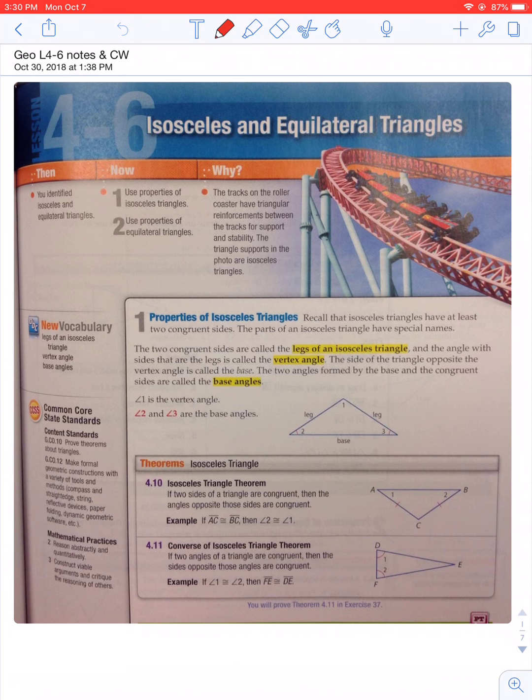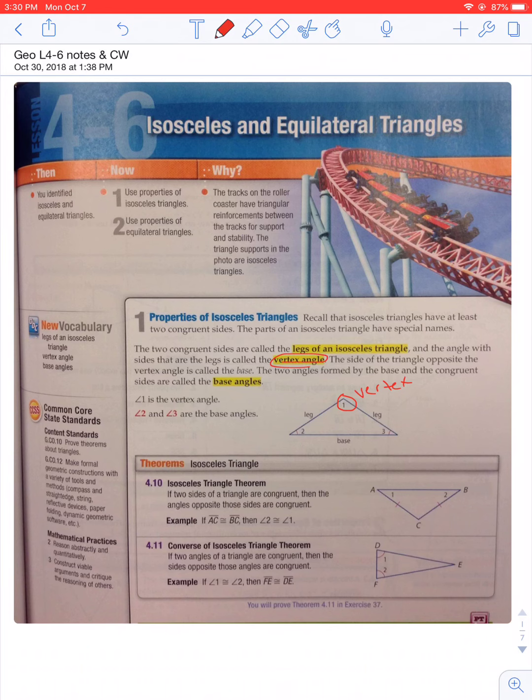And in this one that's drawn here, angle 1, which is right here, would be called your vertex angle, okay? Because the definition of a vertex angle, if you look up here in the wording, it says that it's the angle with sides that are the legs.